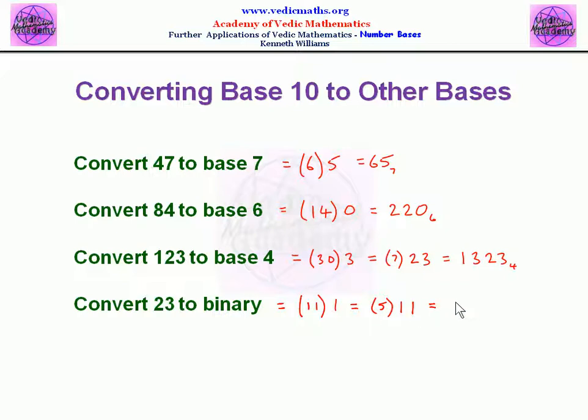Now 2 into 5, it goes 2, remainder 1. Put the other ones on. Finally, 2 into 2 is 1, remainder 0, and I can put those down. 1, 0, 1, 1, 1, base 2.